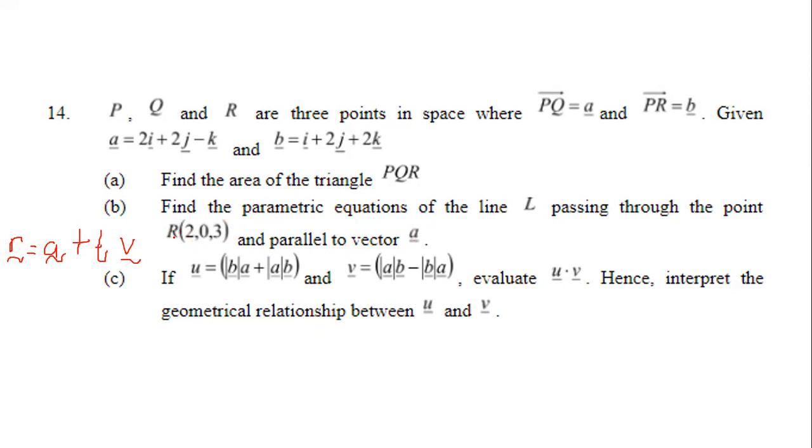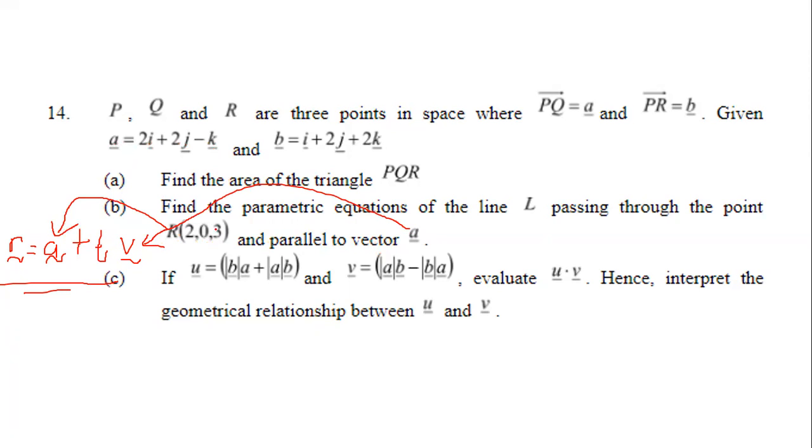The point R(2, 0, 3) is represented by this vector a inside the general equation, which is 2i plus 3k, not the A from the question. And vector A from the question, 2i plus 2j minus k, represents this vector v.